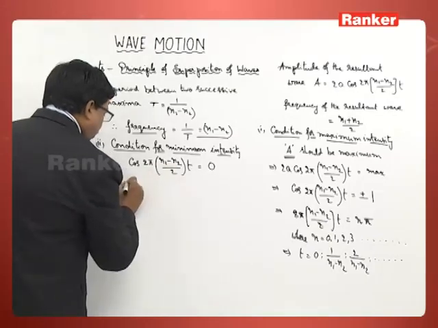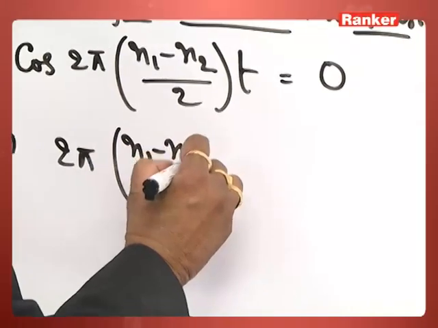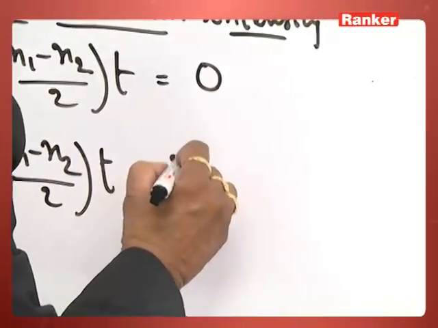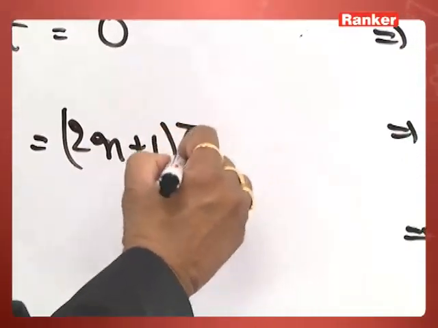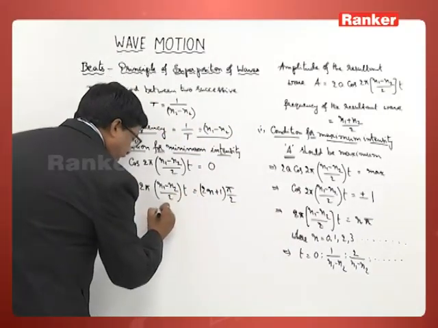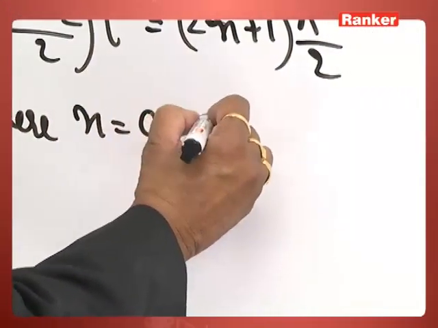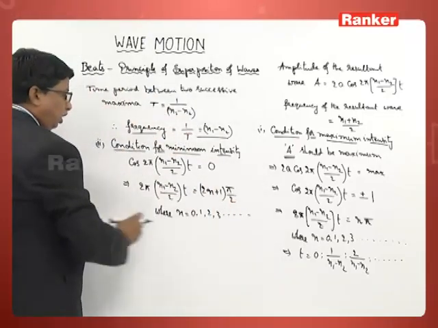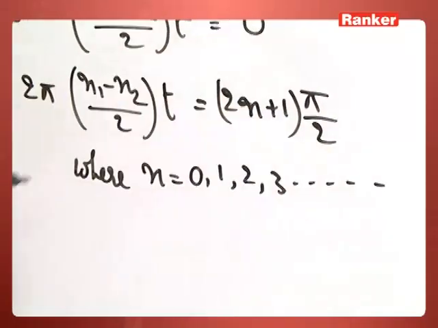When will this be 0? 2 pi into (n1 minus n2) by 2 into t must now be equal to (2n plus 1) into pi by 2. What is this n again? Here n is once again 0, 1, 2, 3 and so on. If you put n value as 0, this total value becomes pi by 2.